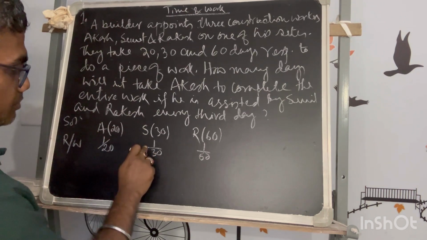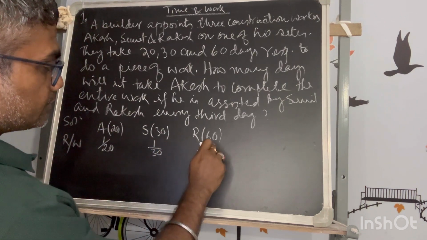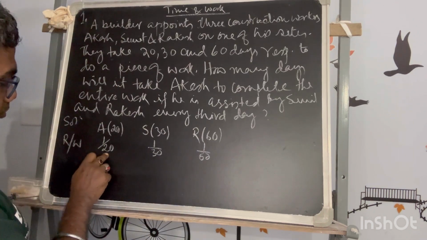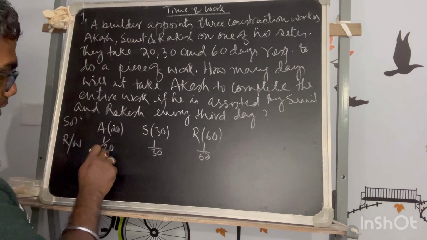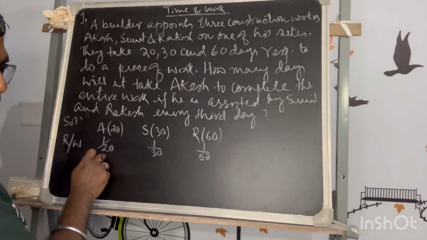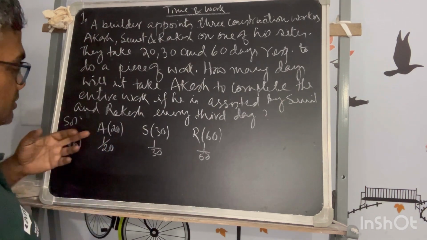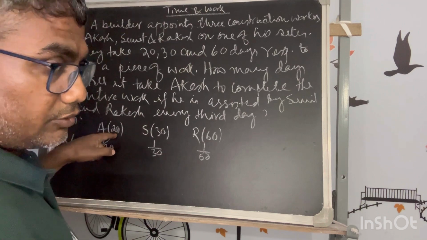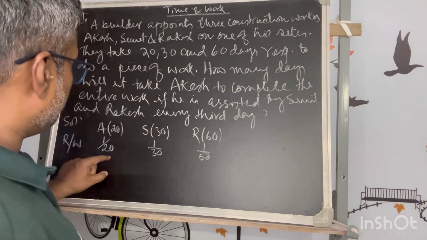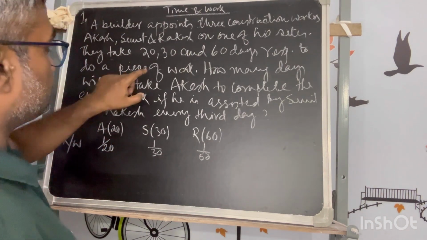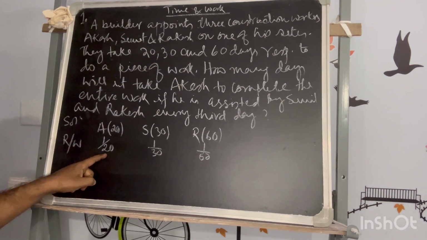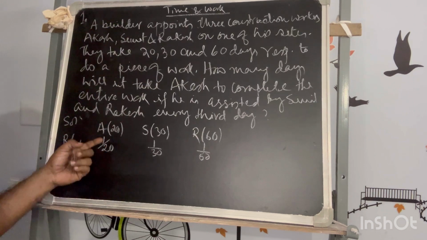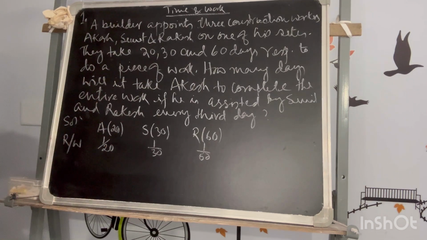The smaller the denominator, the higher the work done, so A's efficiency is definitely more because he completes in 20 days. The complete work we always take as 1, so one complete job in 20 days gives a rate of work of 1 upon 20. That is the first information and computation.